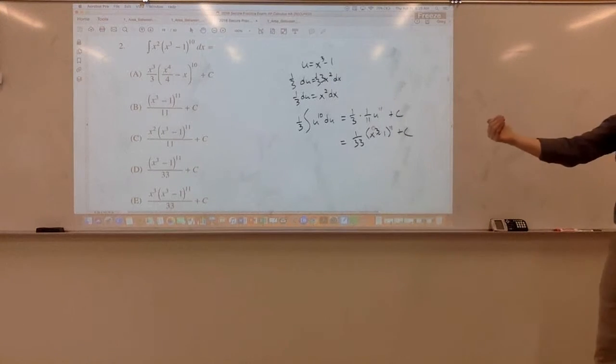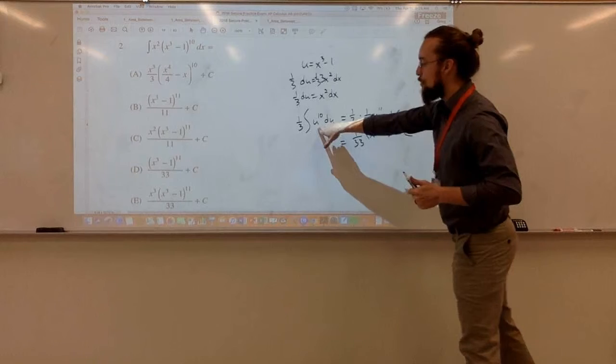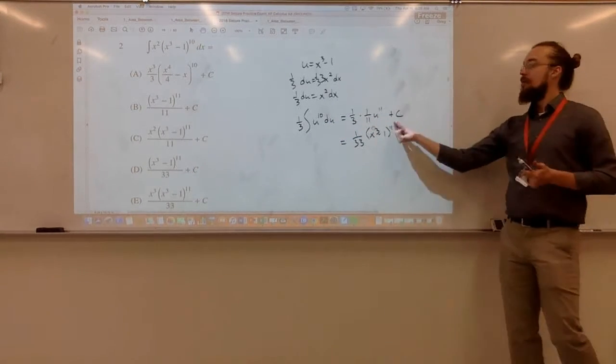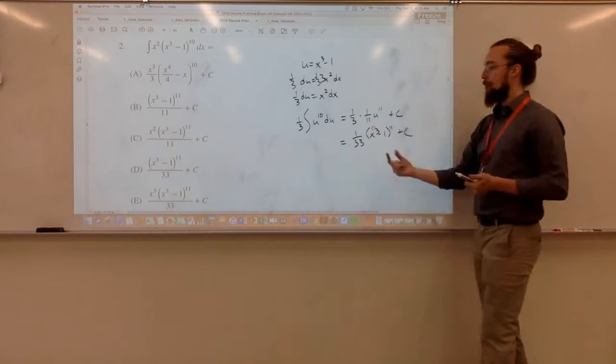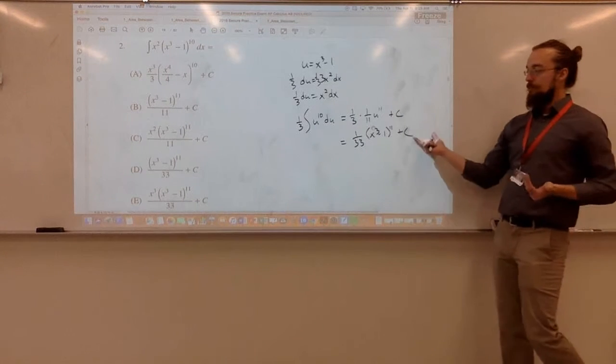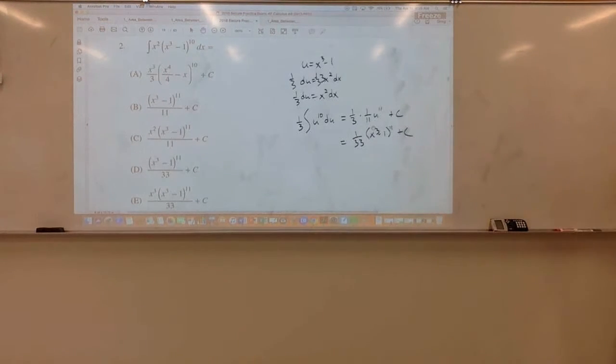We can just pull that 1/3 out front. Then the antiderivative of u to the 10th is 1/11th u to the 11th. Multiply that by 1/3, we would get 1/33 times u, which is x cubed minus 1 to the 11th power, plus c. So D would be our answer for this one.